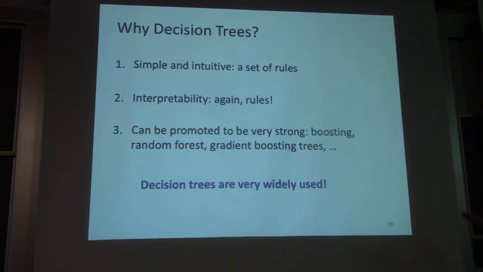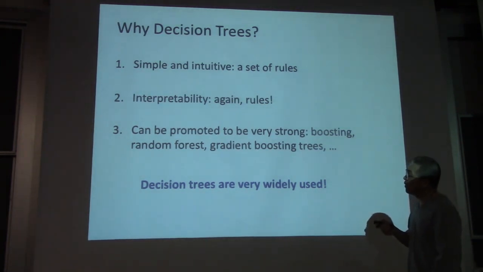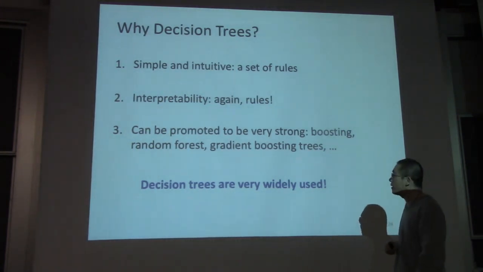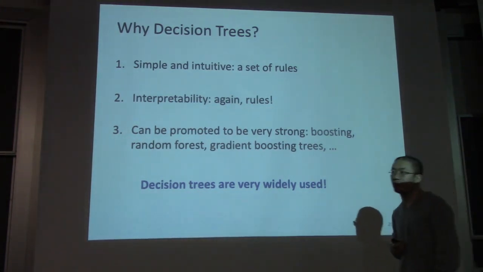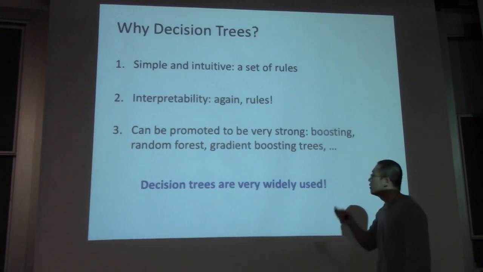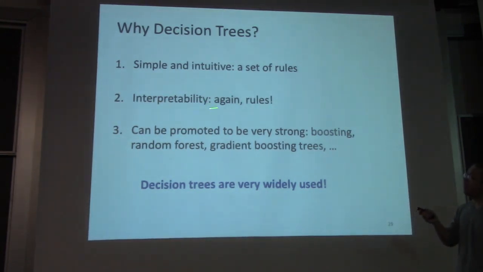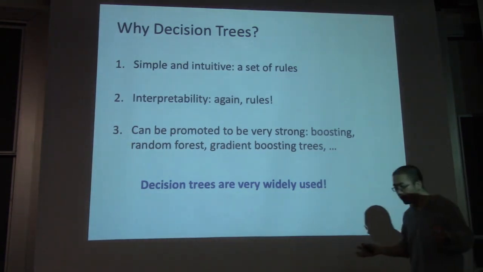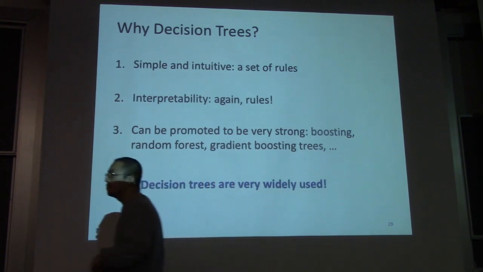And then the very important property of a decision tree is that it has excellent interpretability. Interpretation is very important for machine learning. A decision tree has excellent interpretability, again, because of the rules. The learning, training, and prediction of decision trees are totally transparent.